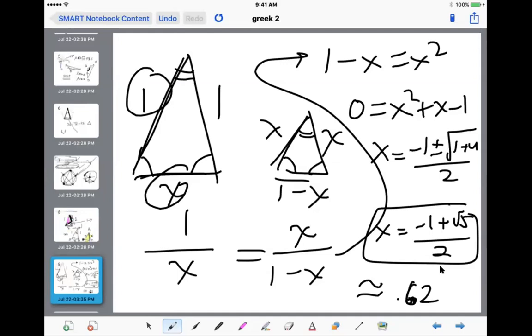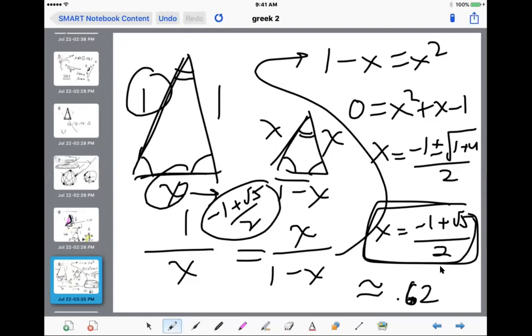Well, what we just figured out was the exact length of the third side of the 36, 72, 72 triangle. And if that is the length of the third side, that gives us a recipe for creating the triangle. Because here's what I would do.